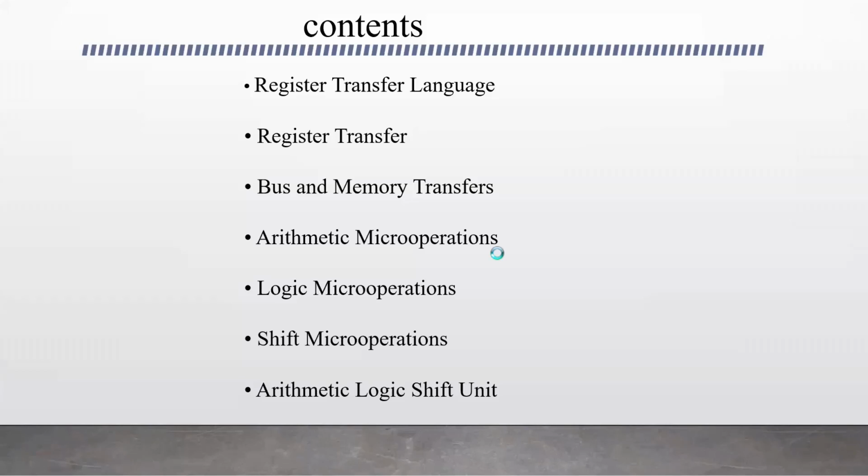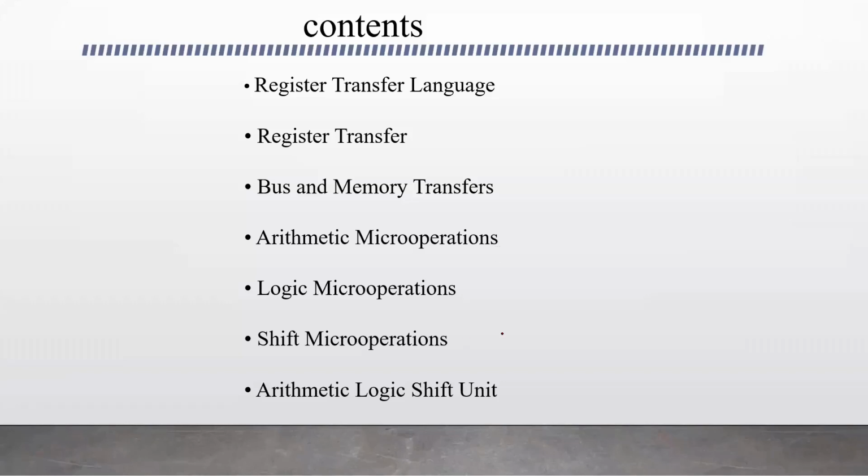Then we are going to see arithmetic micro operations such as addition, increment, decrement, and logical micro operations, such as AND, OR operation, exclusive OR operation, and how these operations are performed.